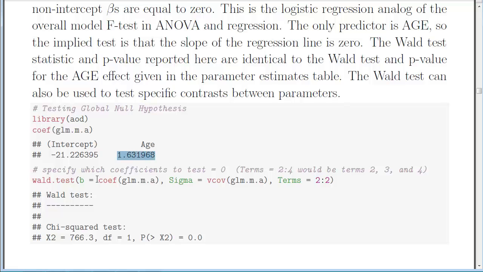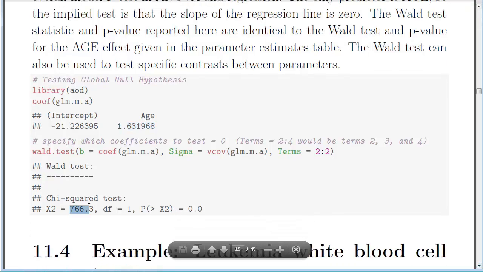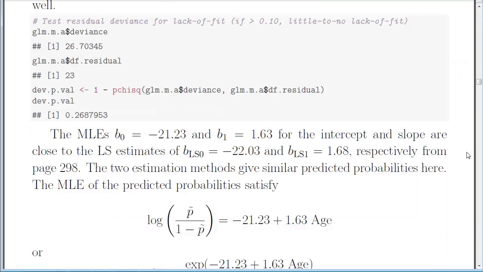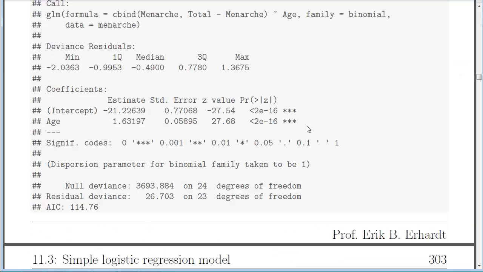So we can use the Wald test, put in the coefficients, put in the variance covariance matrix as sigma, and then ask whether these terms are all equal to 0. And here I'm doing the range of terms 2 up to 2, so the second term, whether that's equal to 0 or not. Our test statistic is very large, and our p-value is basically 0. So there's strong evidence to say that this term is different from 0. And that's, of course, the same conclusion we had by paging up here when we looked at the summary of that generalized linear model object.